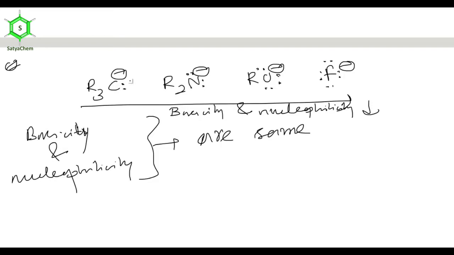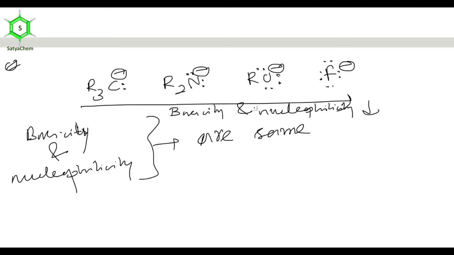So it wants to react with H plus to become neutral. That is why R3C minus has the highest basicity in this series, and as fluorine has the highest electronegativity, it has a high tendency to hold the electron pair. So in this series, F minus has the highest stability among all the anions.